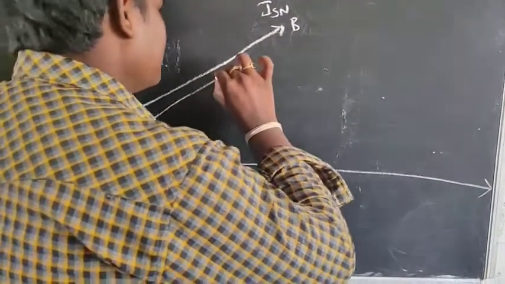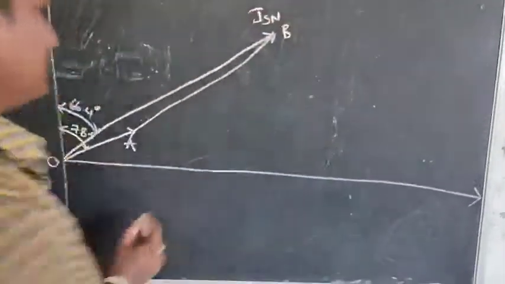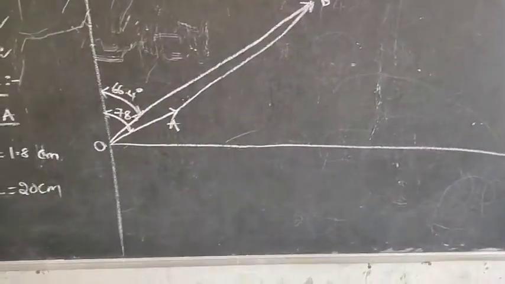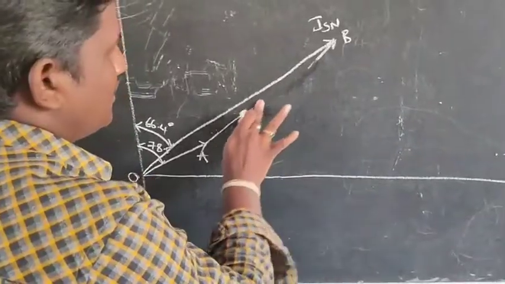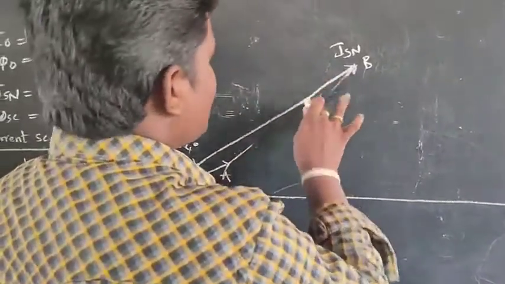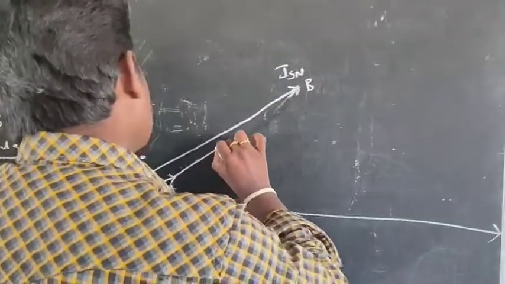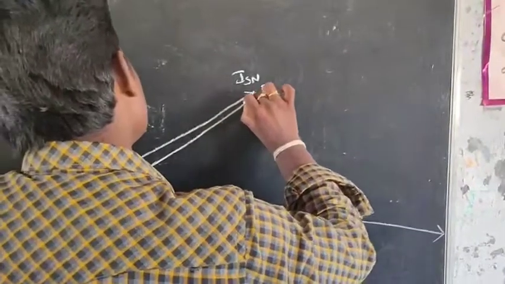Join AB using the scale. I am using the board, so it's not a clear picture.